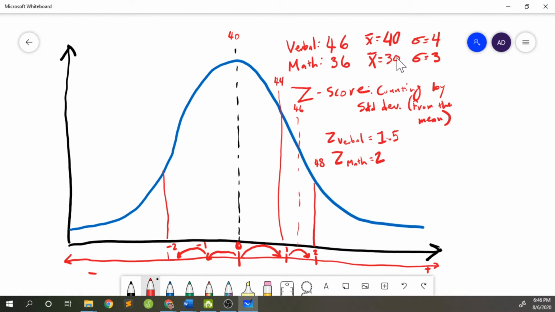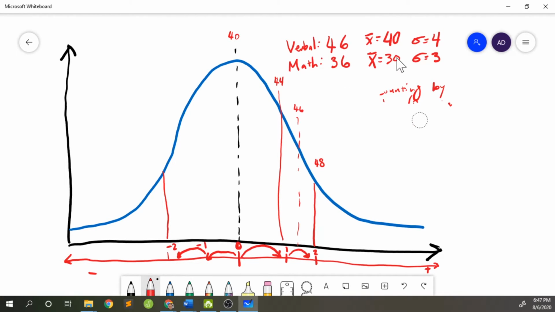If you tried hard enough, you could find a number that was kind of unfriendly. So how do we deal with that situation? I'm going to give you a formula, and the formula is exactly what you've already done in your head, counting by standard deviations, but now we're going to use the formula just to make it easier on ourselves.